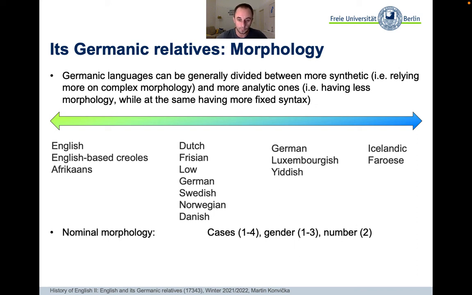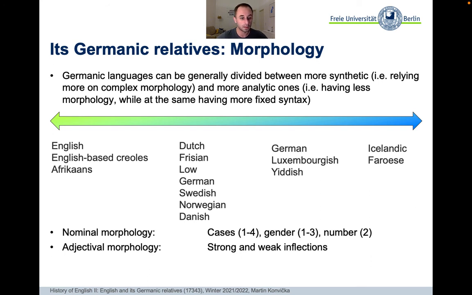So 1 or 2 or more. If you remember, in Old English there was not only singular and plural, but also the third category of dual, which referred only to 2 items.